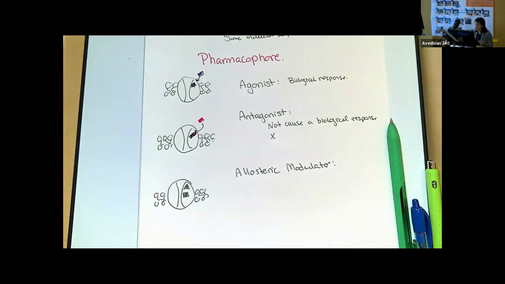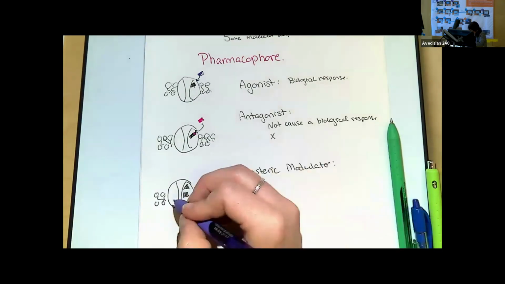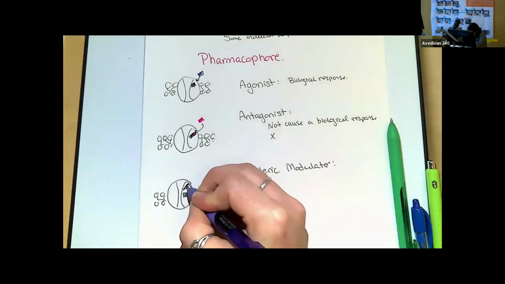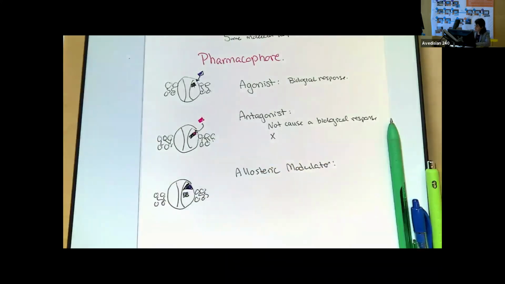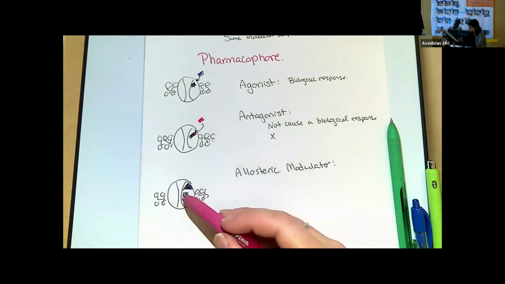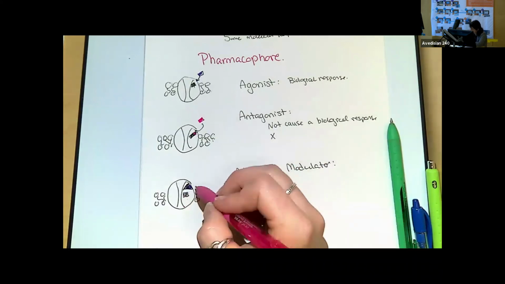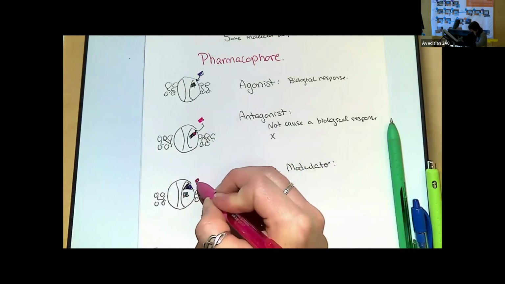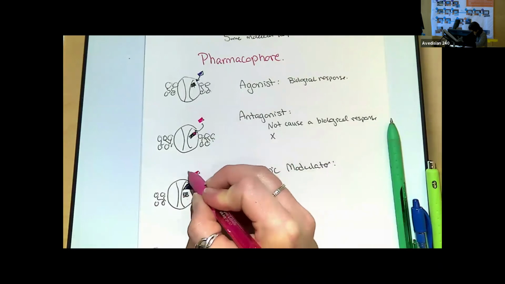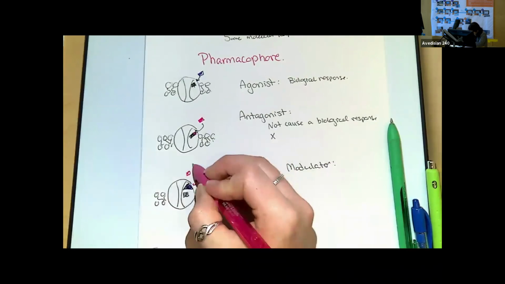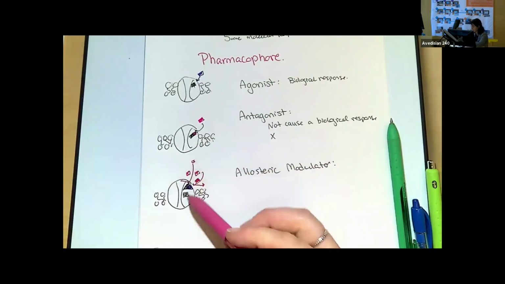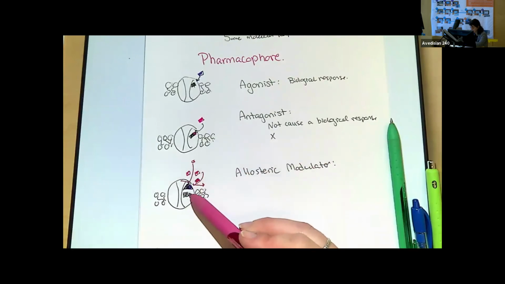But nearby, we have a different site where a different molecule can bind to. And say that this is kind of a bulky molecule. So when you have a molecule that had bound to this other site, that's preventing your agonist molecule from actually reaching anywhere because it can't physically reach a spot where it needs to.